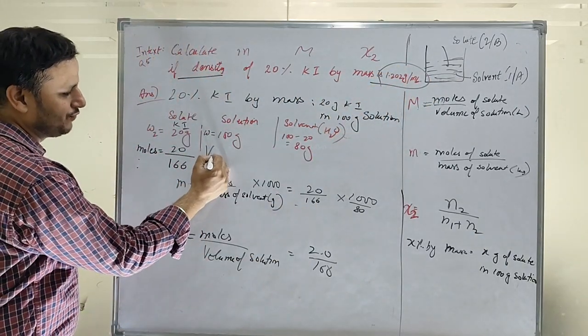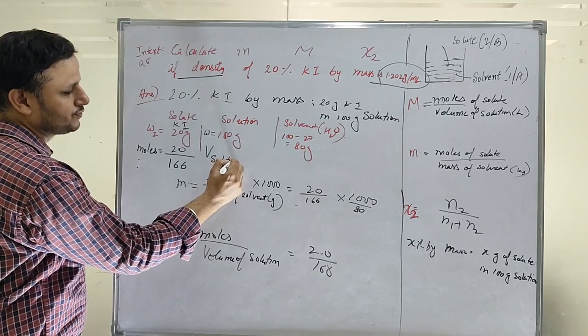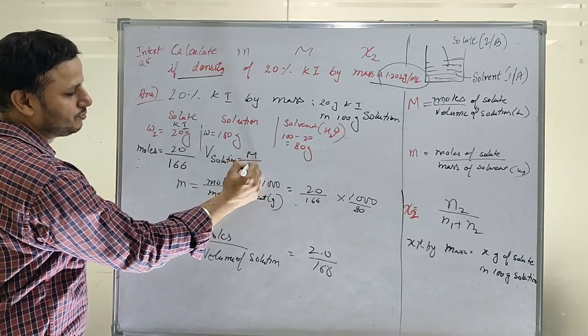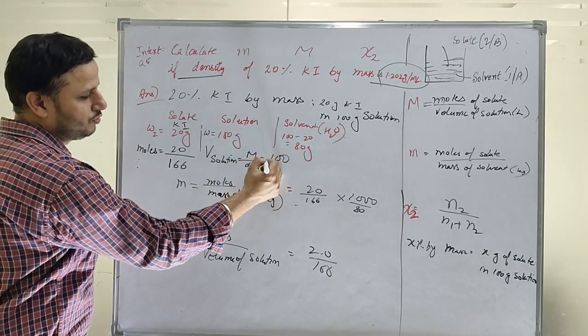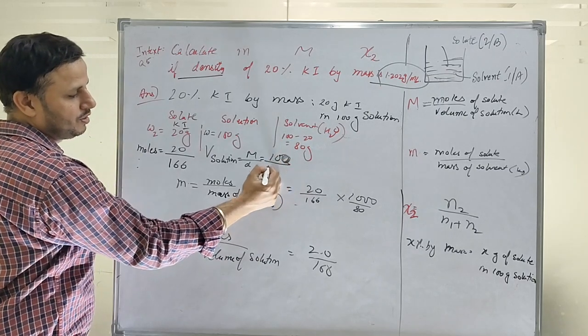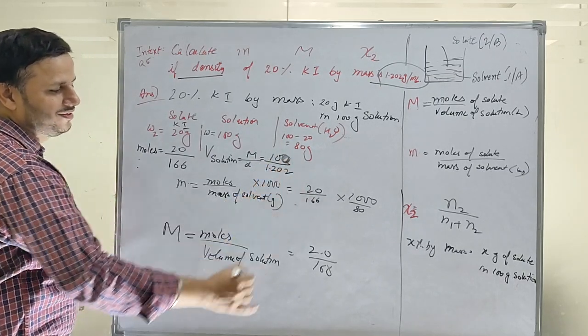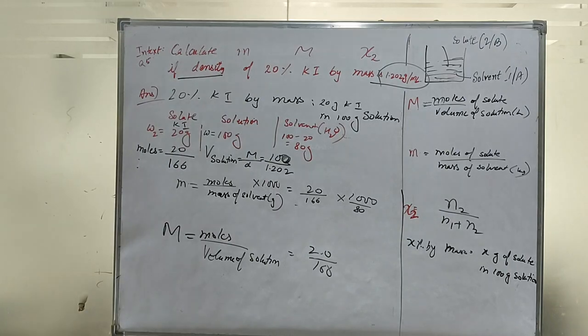We have to find the volume of solution, and volume is equal to the mass of solution divided by density.